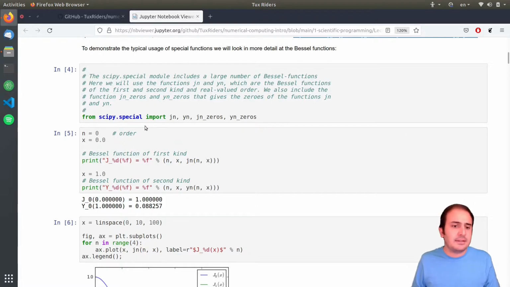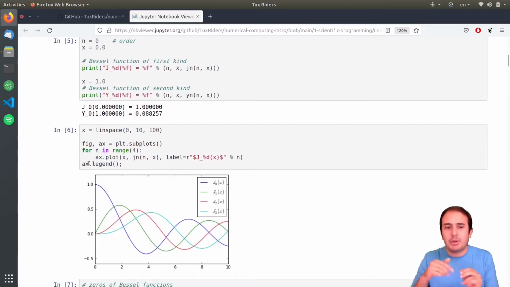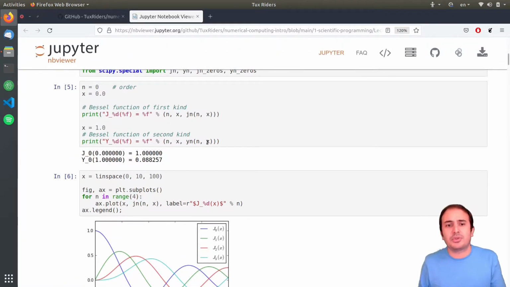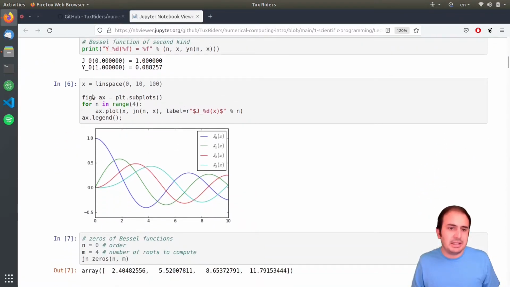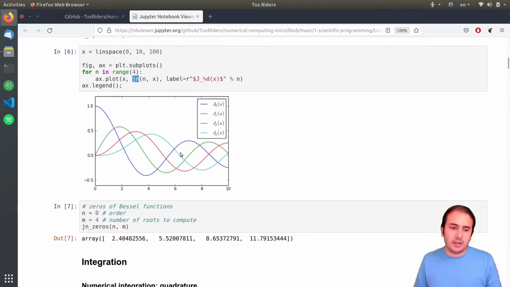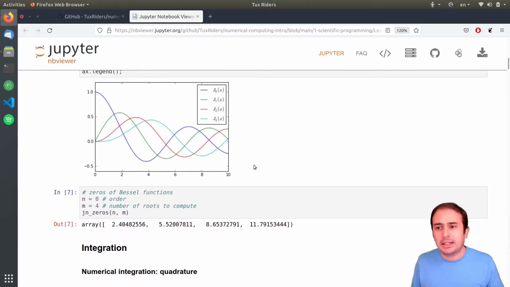In this case, for example, it is the Bessel function, which tells you about the cylindrical propagation of waves. Here you have access to those kinds of special functions. Instead of implementing them yourself, SciPy provides proper interfaces to these functions. This example is for plotting the Bessel function for various arguments, and you can see that they look like this. We will cover matplotlib in the next video, but this is how it works.